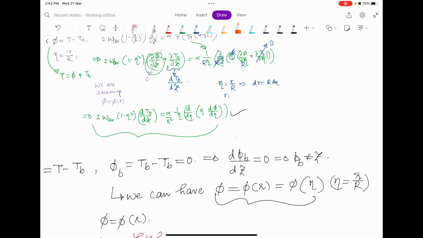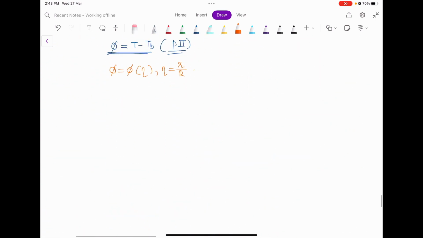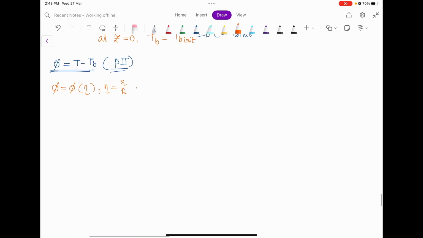So 2 into W dTb dz. Okay. So 2 into W average 1 minus eta square, that is the velocity profile for the Hagen-Poiseuille flow.